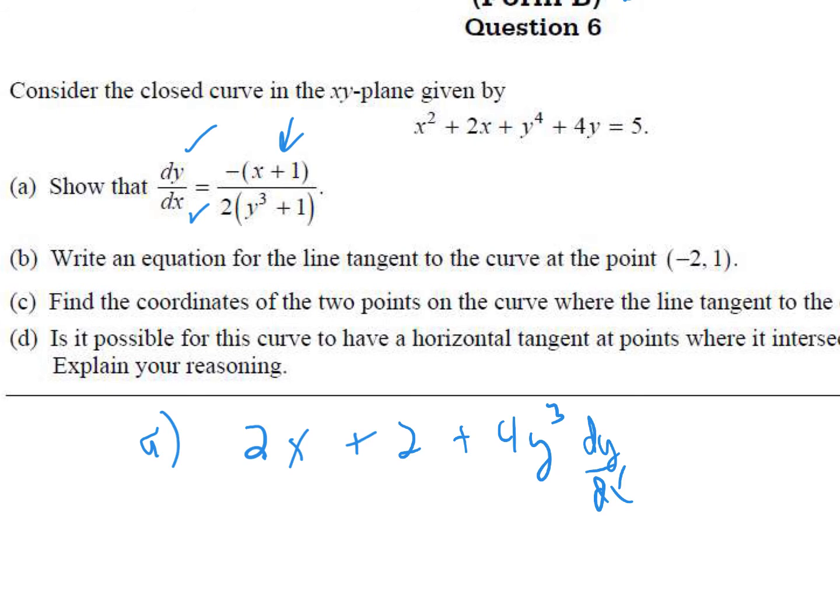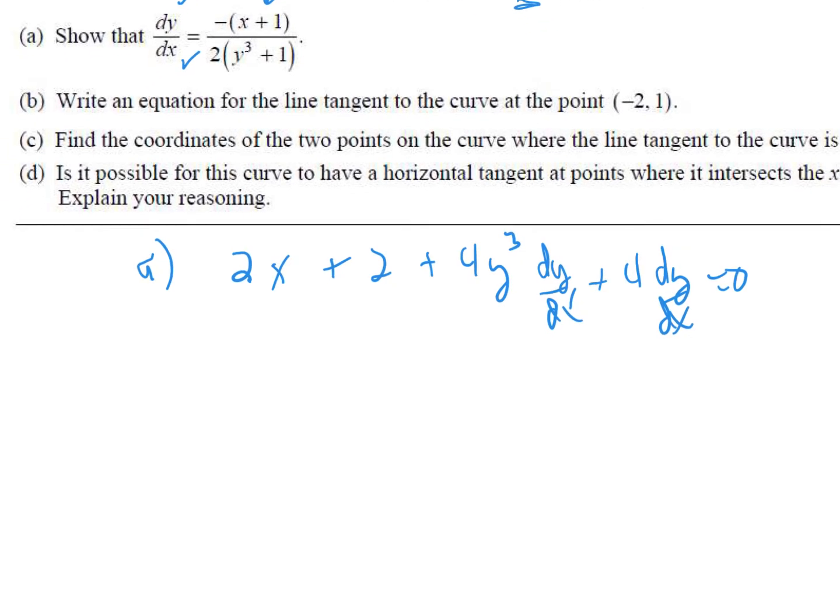Then I have a 4y, so it's just going to be a plus 4, but don't forget we were doing the derivative with respect to x of y, so it's dy/dx. And the derivative of the constant is 0. So we have 2x plus 2 plus 4y cubed dy/dx plus 4 dy/dx.